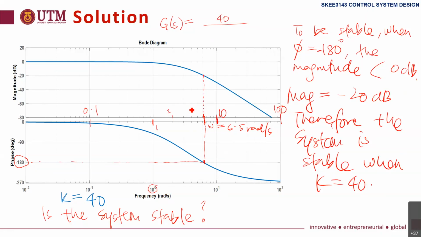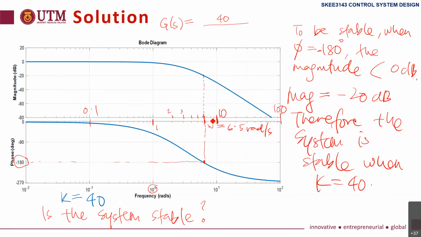Maybe not that clear, sorry, this is from MATLAB. It is difficult to show the 2, 3, 4, 5, 6, 7, 8, 9, 10 here. You estimate the middle between 6 and 7, so I just put 6.5.